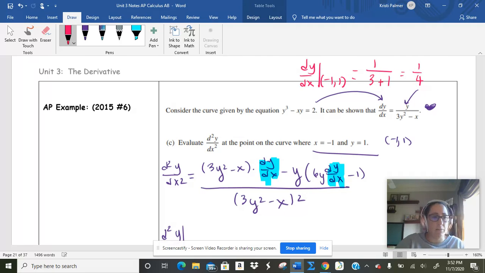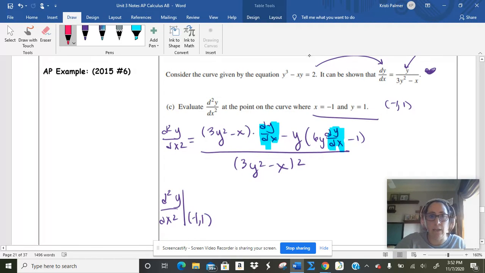So I can see I'm going to plug in the 1/4 anytime I have a dy dx. So this one is now 3 times 1 squared is 3, minus a negative 1 is plus 1. And then times what we just found this to be, the 1/4.